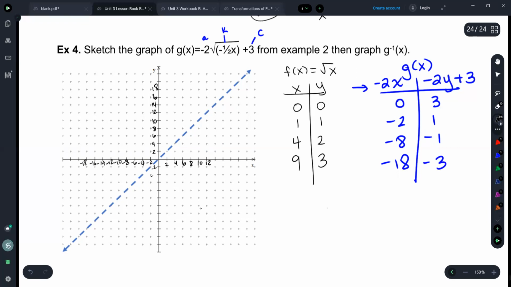Okay, and I'm going to do down here with the y's as well, because we'll need some points down there when we do our inverse. Okay, that should be good.